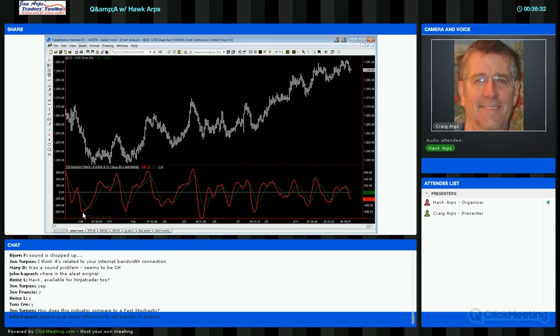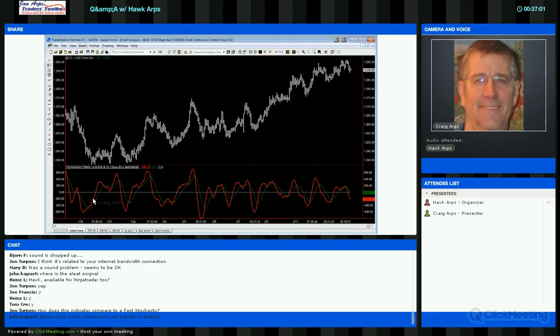Radar 2 is looking at market acceleration and deceleration. And a lot of people get market velocity and market acceleration confused. They're not the same thing. Radar 2 is showing us the second derivative of velocity. It's showing us not how fast the market is moving, but how much there is a change in the speed of the market.